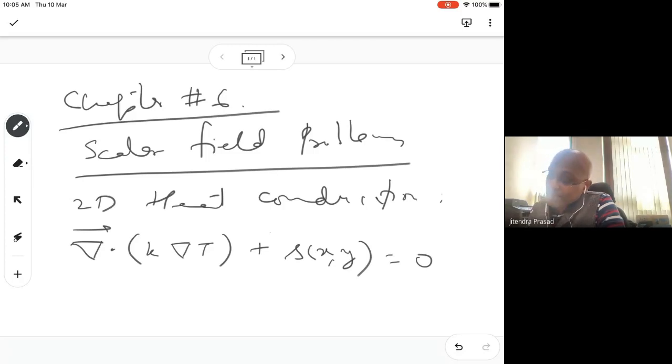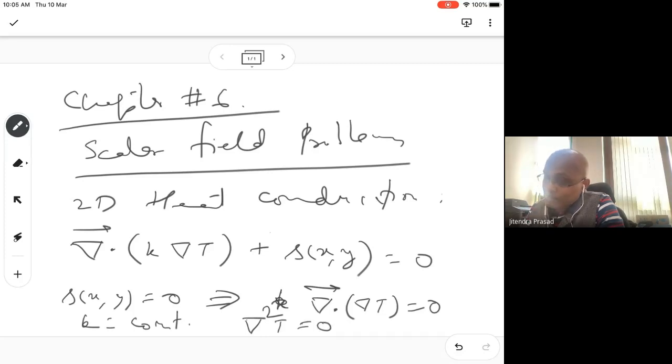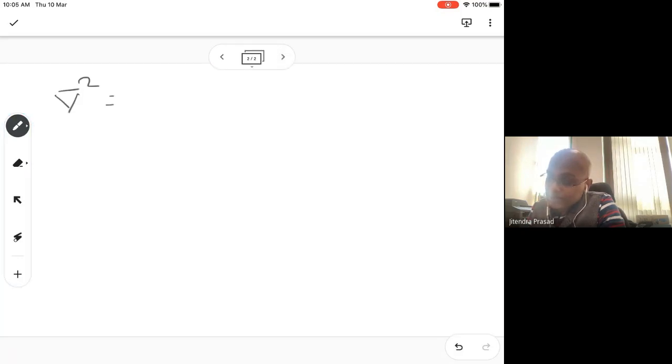conduction. And finally, for the simple case, when S(x, y) equals 0 and k equals a constant, what we get is simply the divergence of the gradient of T is equal to 0, or del square T is equal to 0, where del square means del square over del x square plus del square over del y square.